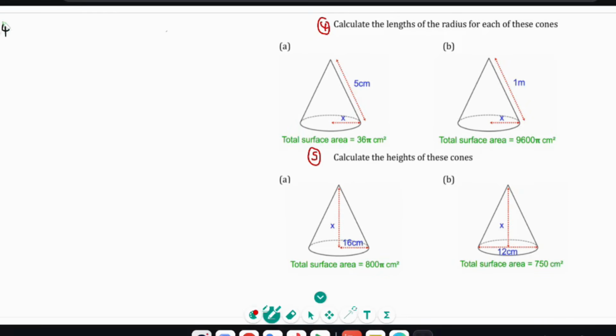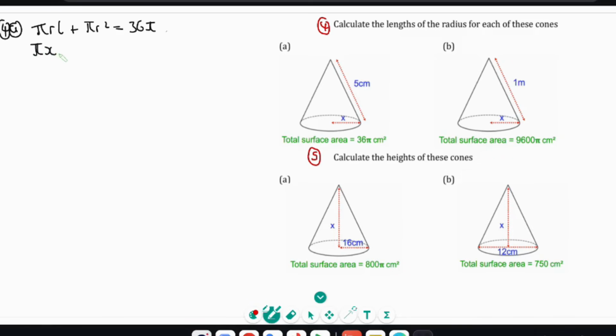Okay, question 4. So pi RL plus pi r squared is equal to 36 pi for this question. Let's sub in the values.